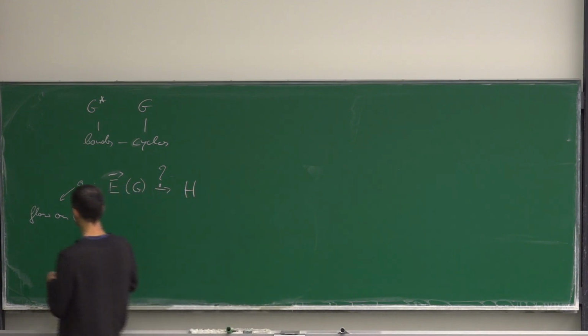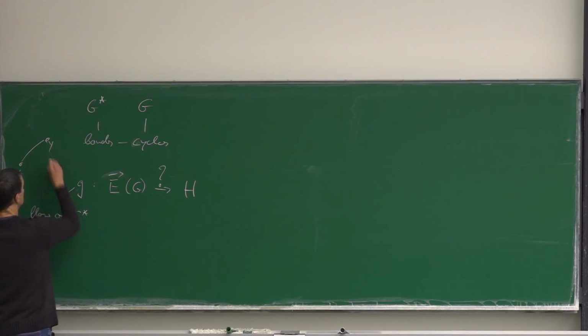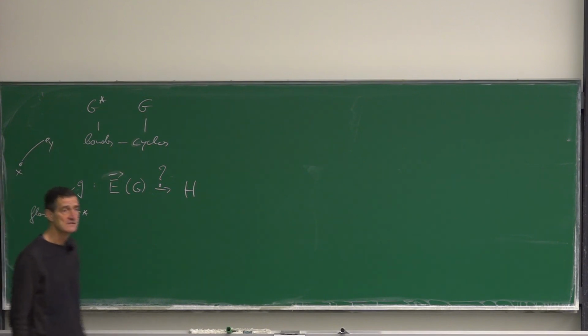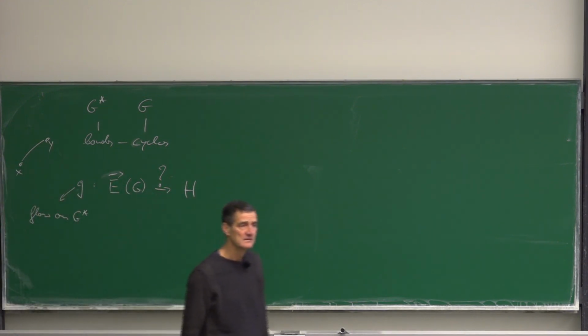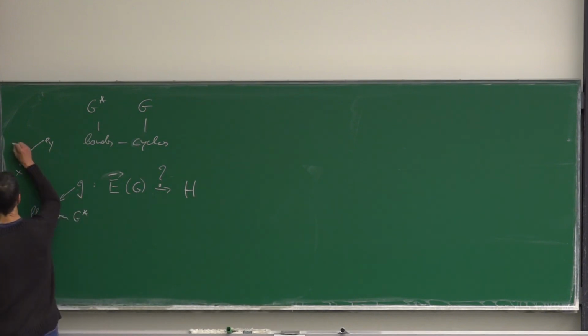So when we have an edge, what are the orientations? Well, we said those are the pairs xy or yx of its ends. So this had two orientations. We always have to name the edge itself at the start because we have multiple edges.